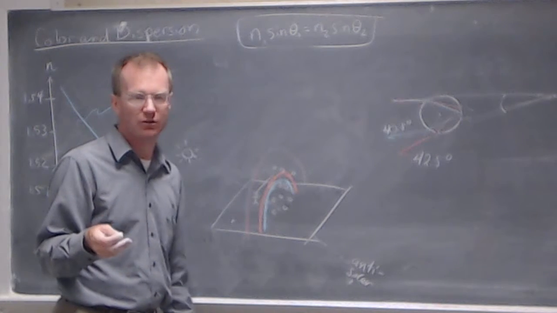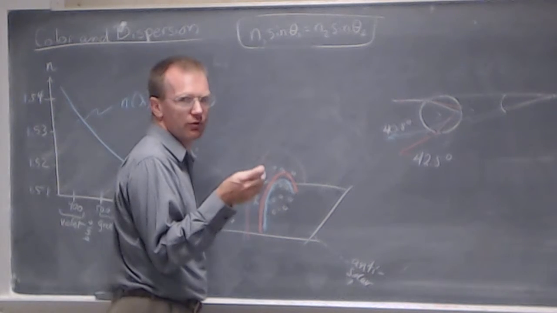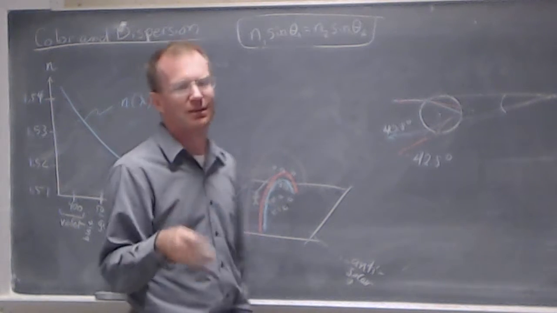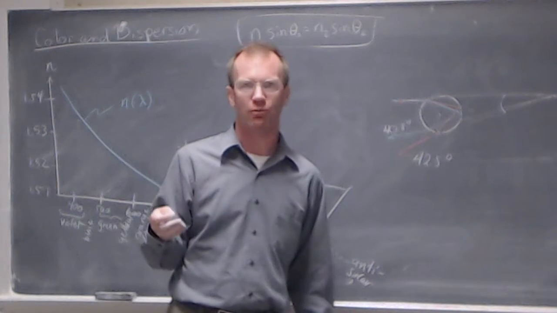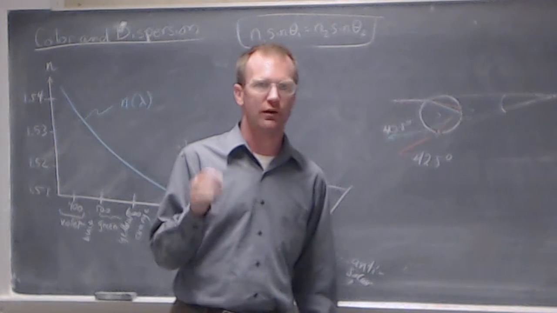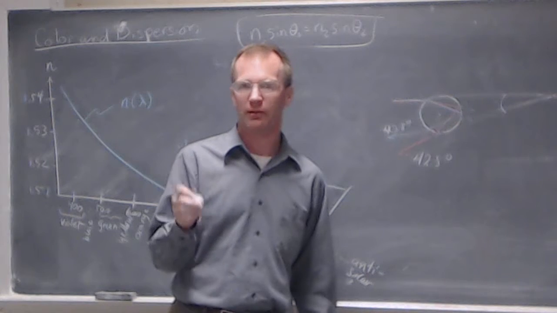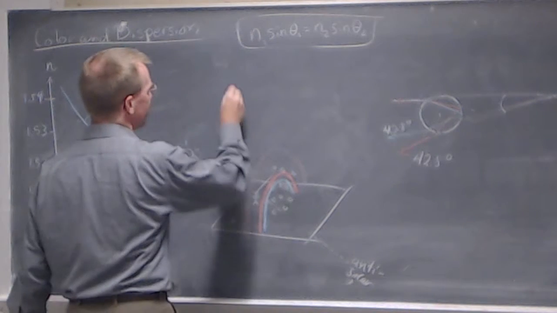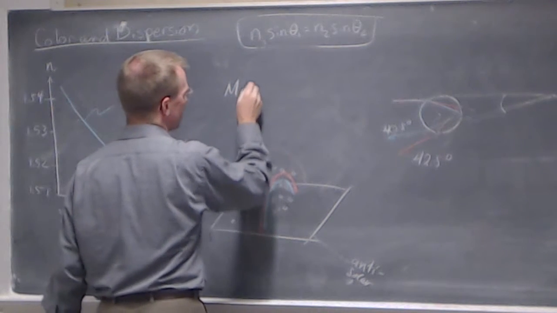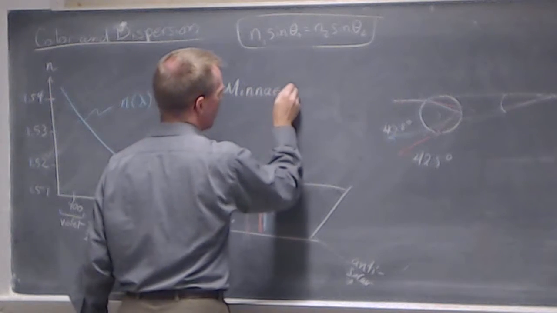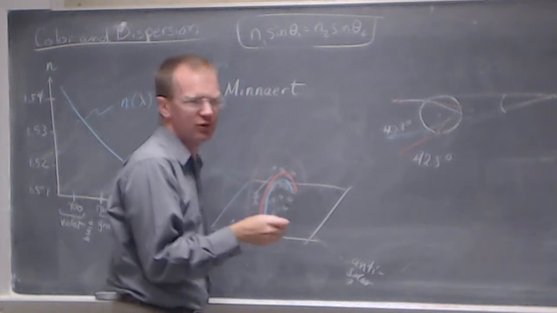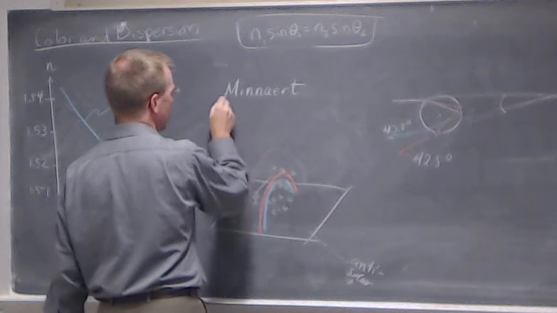It costs about $16. It's one of the cheap, inexpensive Dover reprints. Dover makes good quality science books that are inexpensive and well made. And this is by Minnaert, who was Dutch, lived in the mid-20th century.